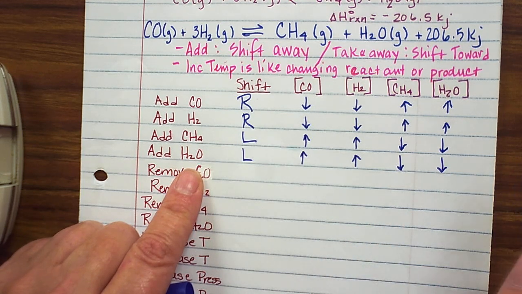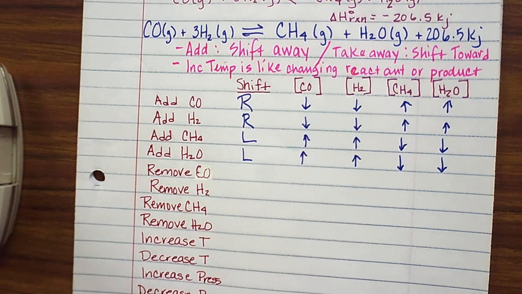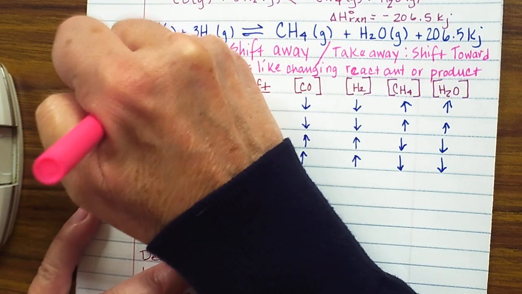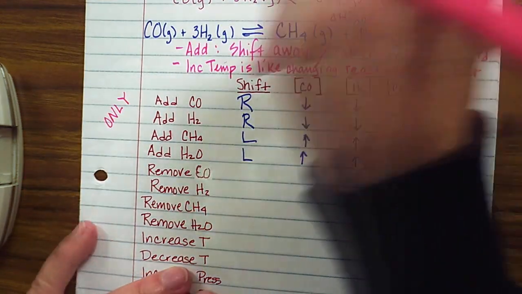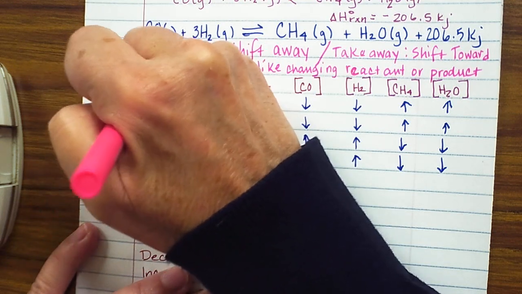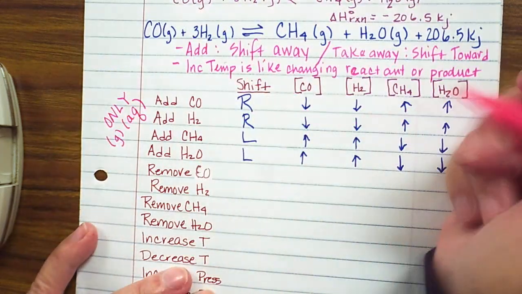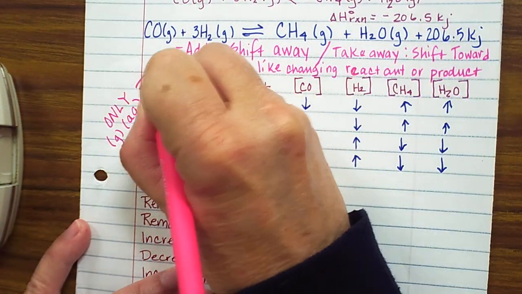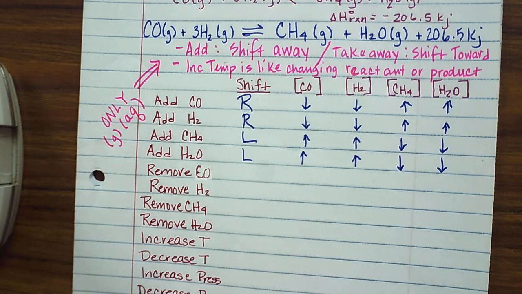Now, it's important to put in here, before we keep going, and this is very important, that only gases and aqueous species work with this concept of adding and decreasing concentrations.